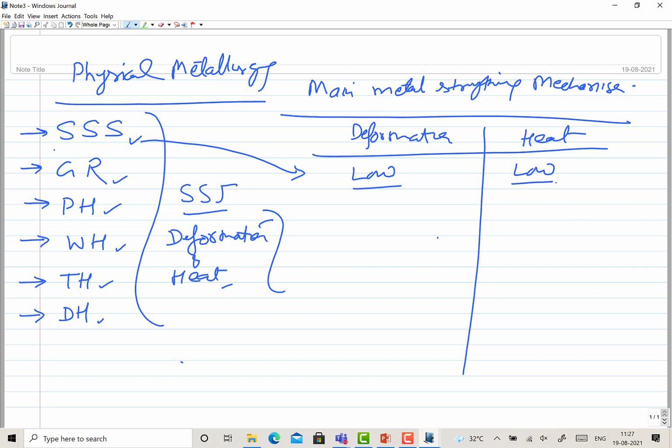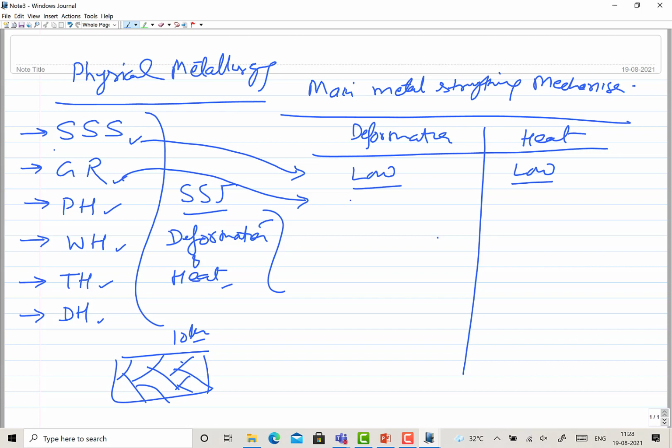Then you have grain refinement. If grain refinement is the metal strengthening mechanism, say you have a particular grain size, 10 micrometer or 5 micrometer in the beginning, the deformation will cause elongation, and the aspect ratio may get modified. That is one thing. Second, if the deformation is very severe, it can lead to fracturing and refinement of the grains.